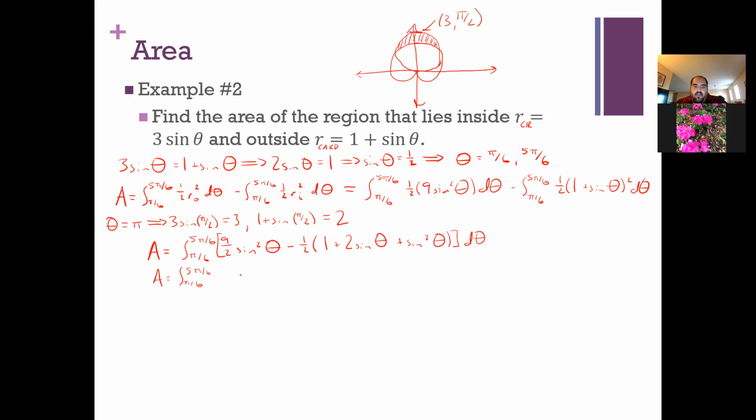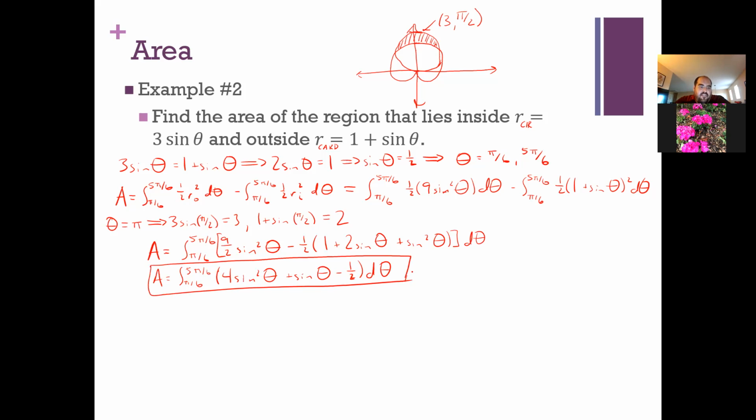Can anything simplify here or not really? So 4 sine squared theta plus sine theta minus 1/2 d theta. I'm going to leave it there.